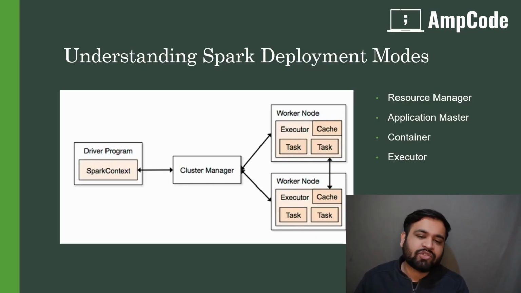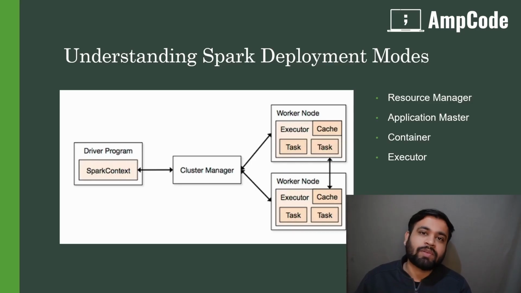First, let's talk about the Spark architecture. The first major component of the Spark architecture is the resource manager. The resource manager is responsible for managing all the resources and tasks across the Spark cluster. Spark gives us the capability to use different resource managers. It can leverage Yarn, which is the resource manager for Hadoop and an integral part of the Hadoop ecosystem.